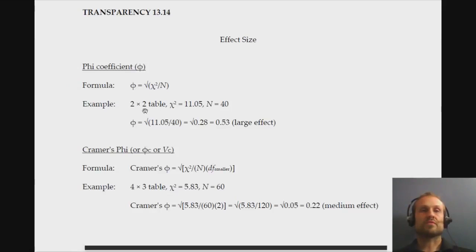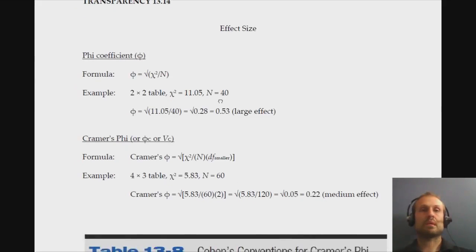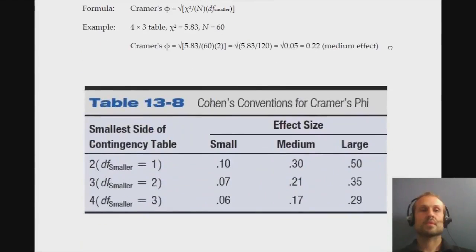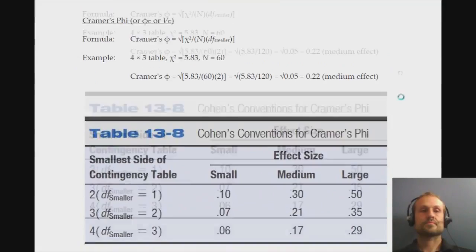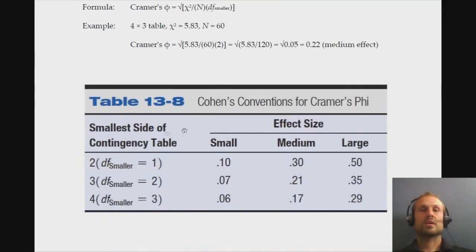So for example, if I have the 2x2 table, my chi-square statistic is 11.05 and I have 40 people in my sample, I calculate that as 0.53, and I have tables that you can see in your textbook that classify it as small, medium, or large, just like we've seen before.